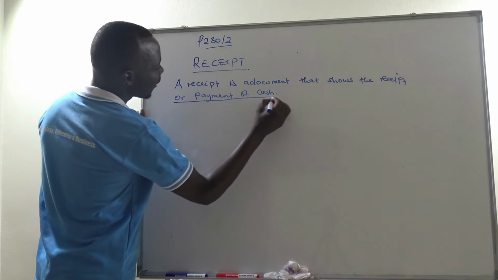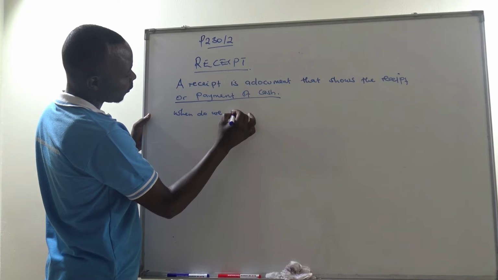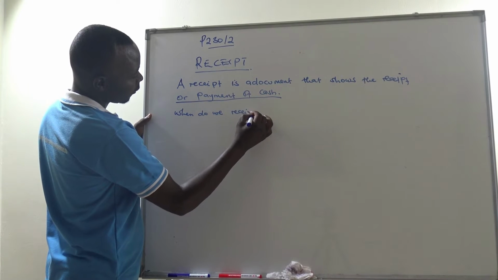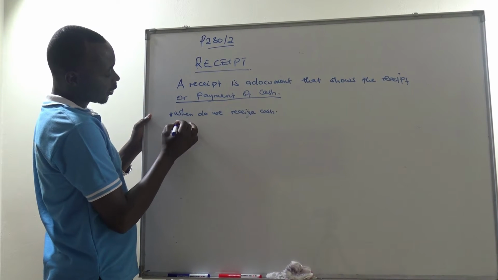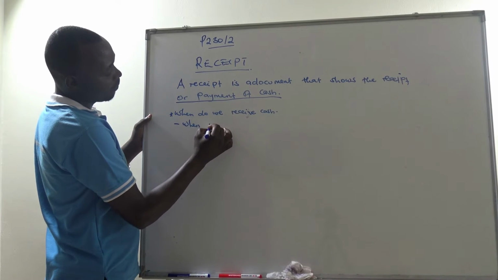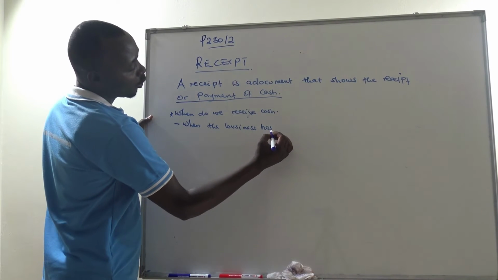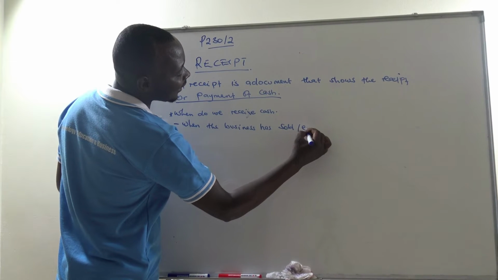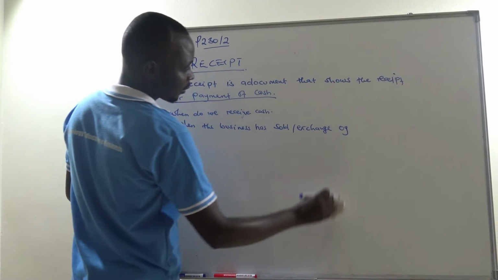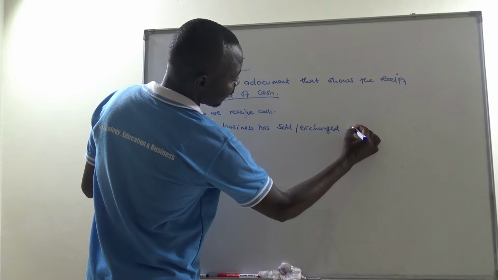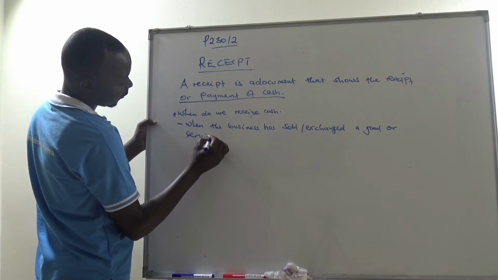When did we receive cash? We receive cash when the business has sold or exchanged a good or service for money.